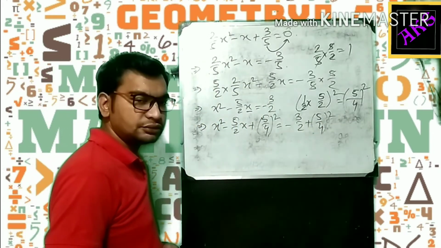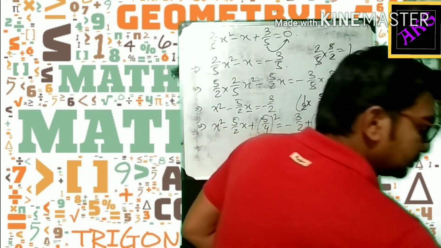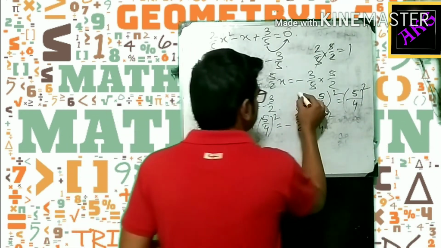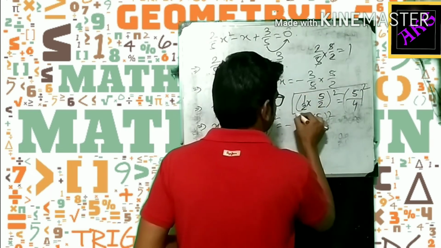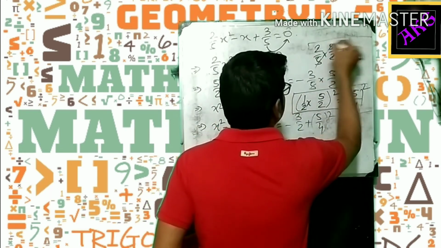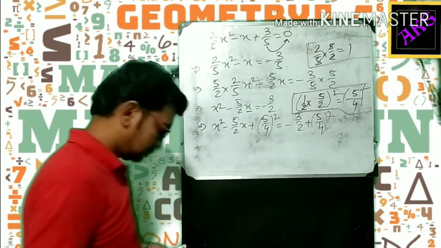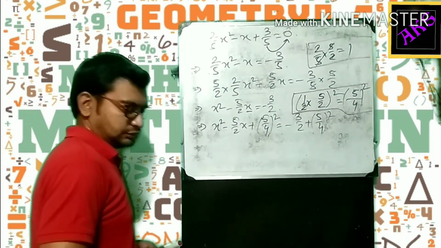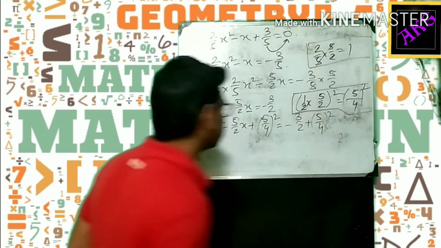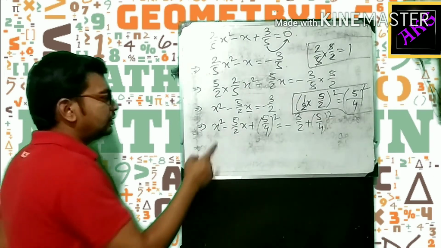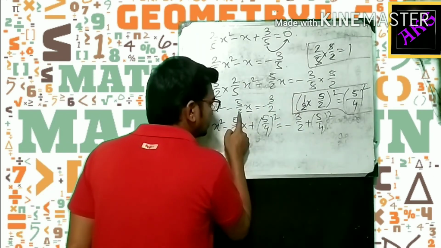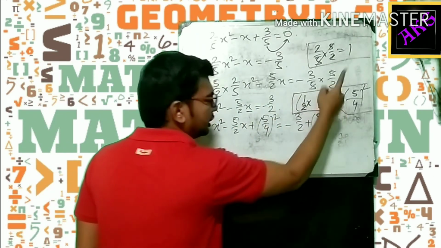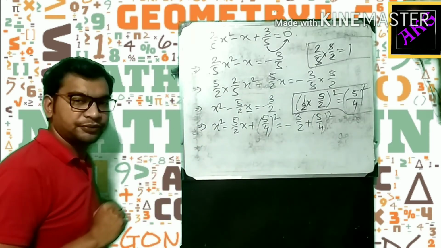So what did we do? We added the square of half of the coefficient of x. Okay.